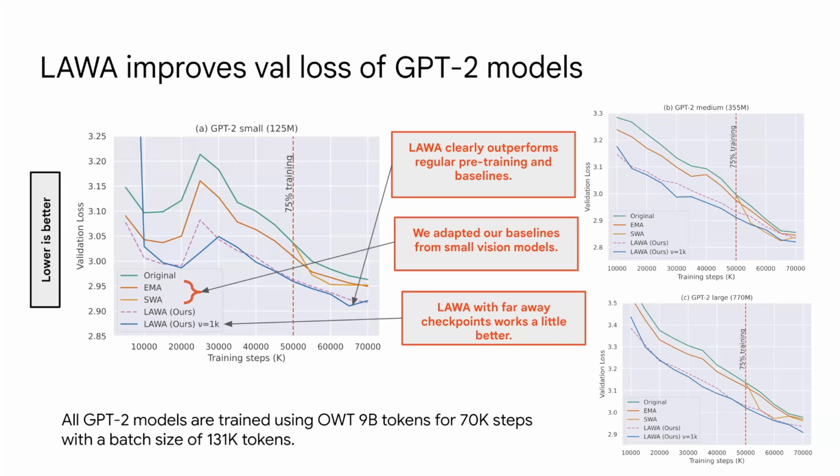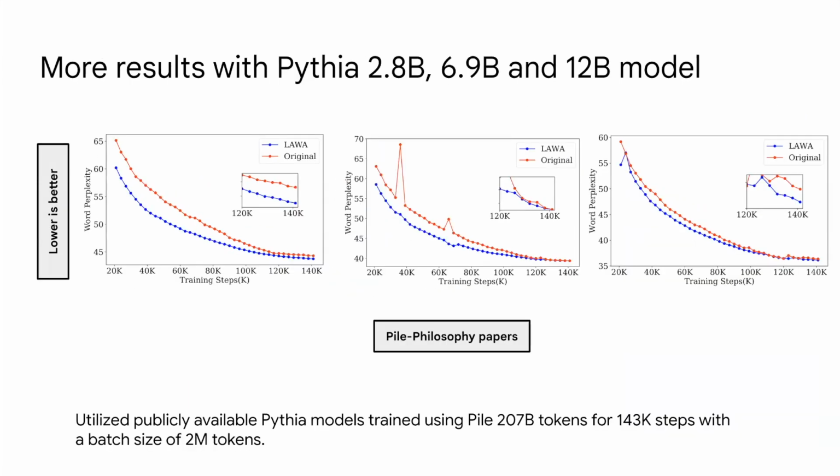You would see more bumps because LLM training is not smooth. There is also a bump in this middle plot, which is the plot with 6.9 billion parameters.